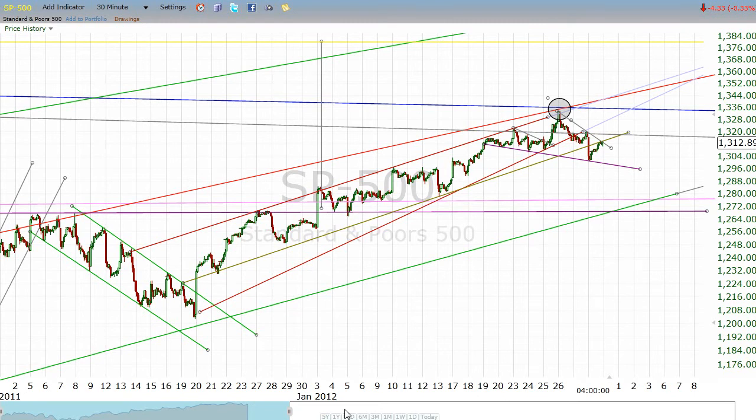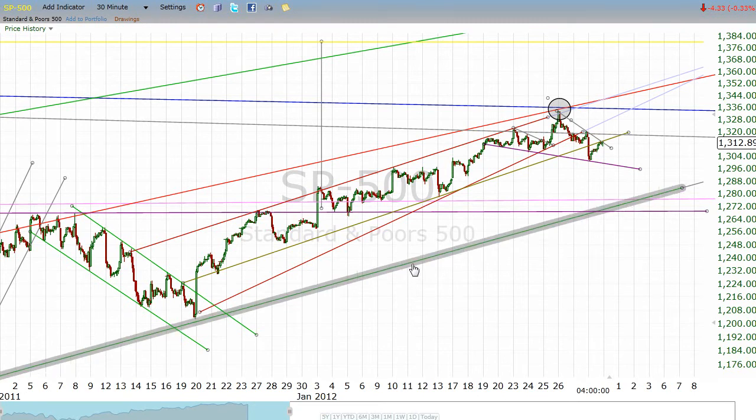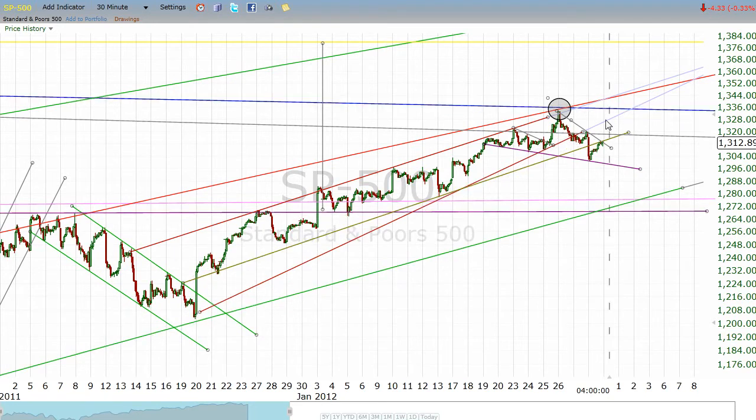Okay, starting out looking at a 30-minute chart, I want to show you a couple things that are interesting. If you've been following our analysis over the past week and a half, we have been looking at this rising move off of this bottom down here in the low 1200s as one of two things: either a rising wedge, which would be bounded by this line that I've highlighted and this red line right here.